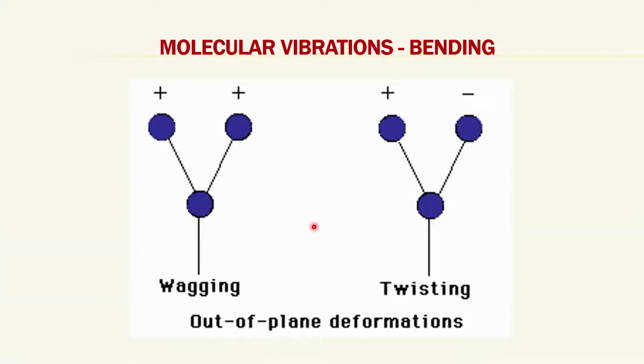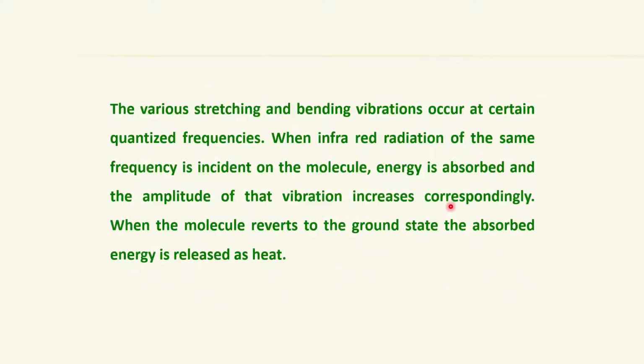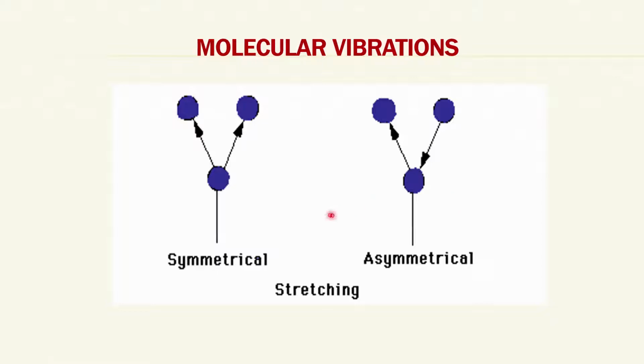So, just to make sure that you have understood, I am going to show them once again to you. Okay. So, this is symmetrical stretching, both of them are stretching away from each other, and in this case asymmetrical, they are stretching one away, one towards this thing.